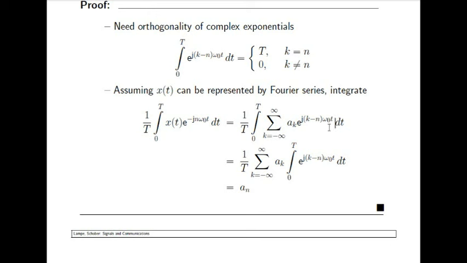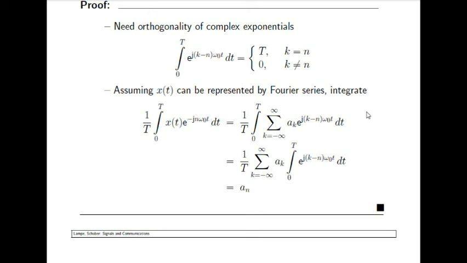If k is not equal to n, then k minus n will be an integer. I can replace omega naught with 2 pi by capital T, and it will be of the form e to the power j 2 pi k minus n. You can expand it with the help of Euler's formula and you will know that its value will be 1 always.